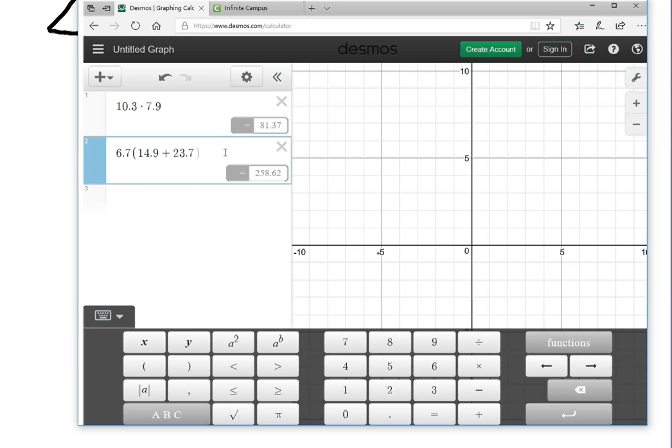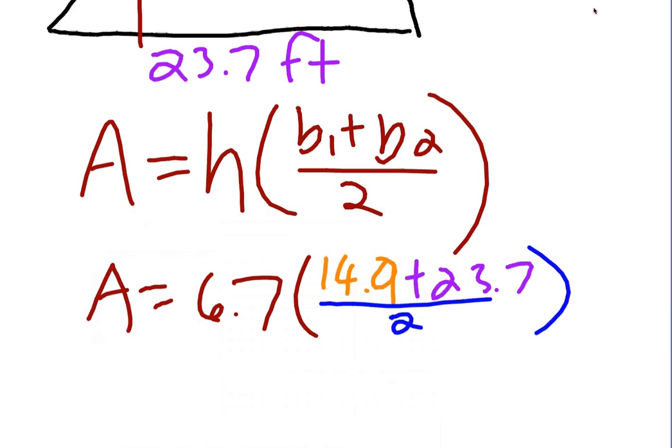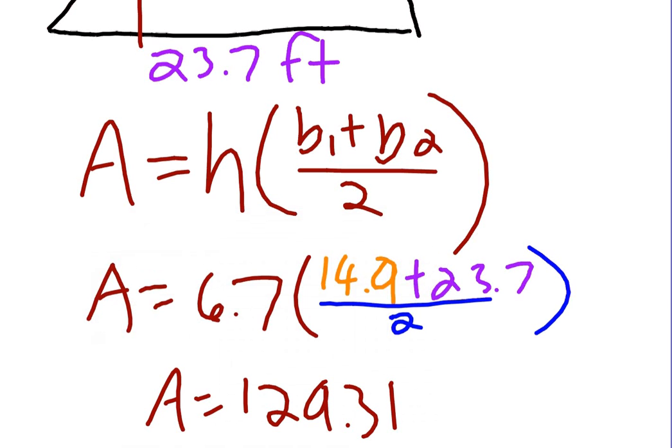All of that, you can do all of it. You don't have to do just the whole thing divided by 2. 129.31. Feet squared. Yes, feet squared for your units.